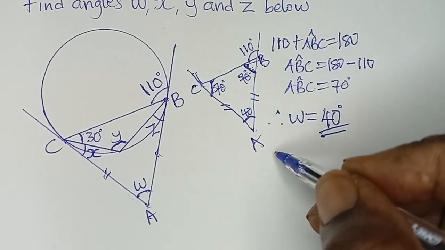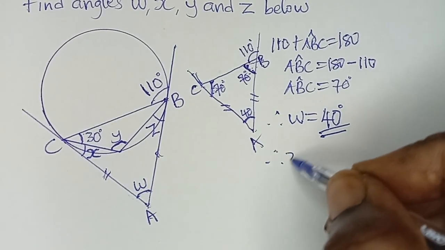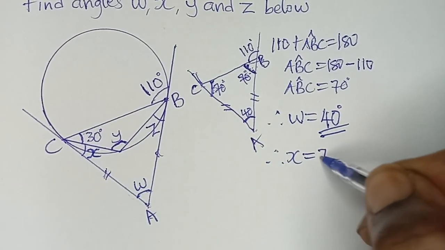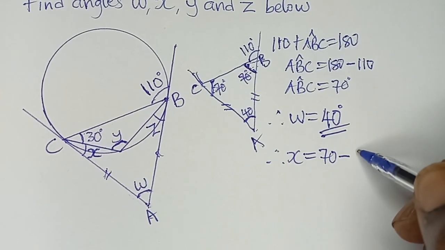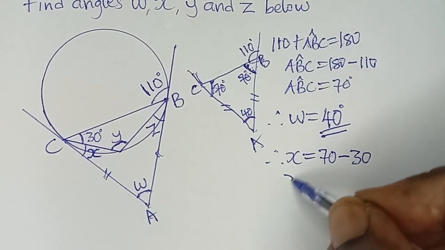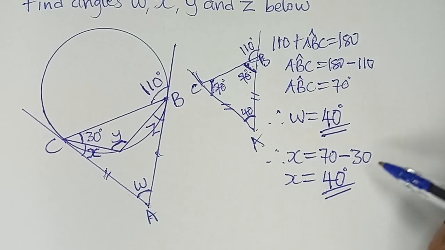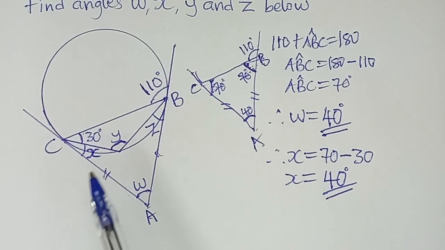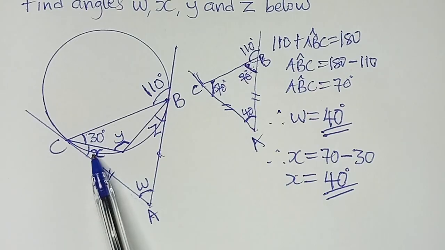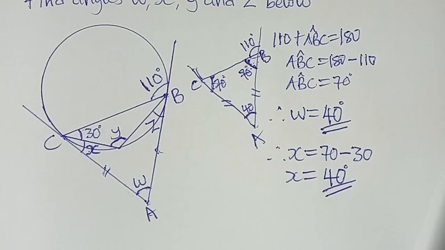So I can simply say, therefore, x is equal to 70 minus 30, and that will give us x as equal to 40 degrees. So angle x is 40 degrees, as you can see now.